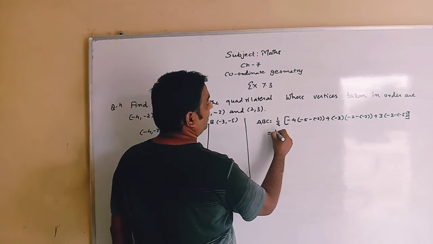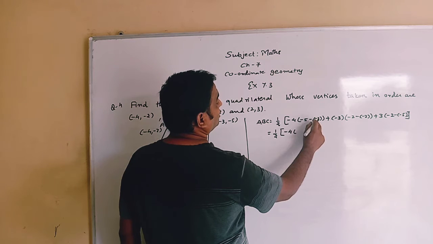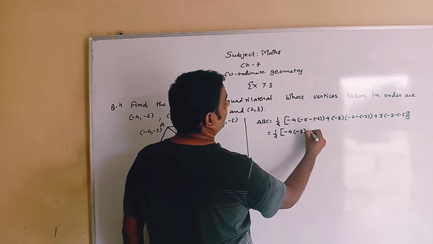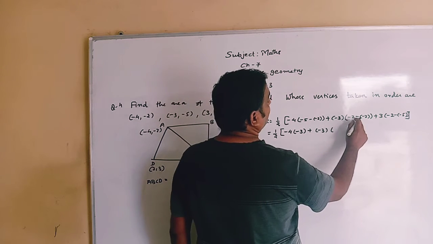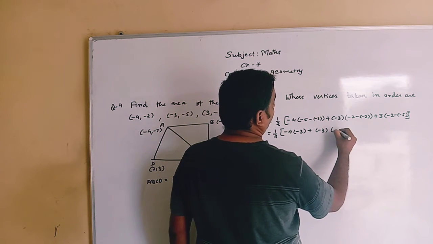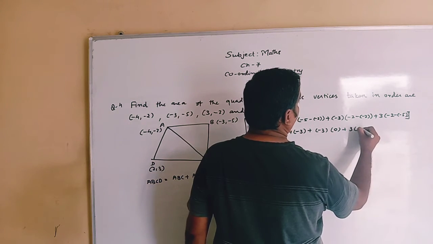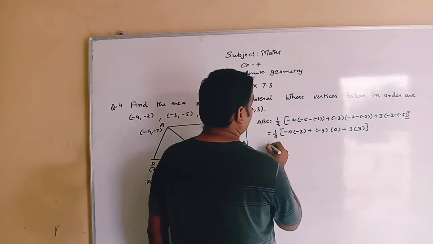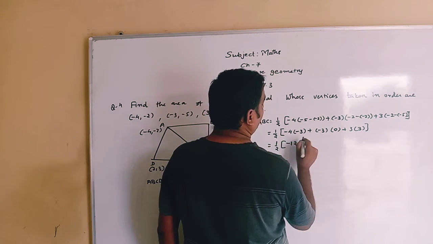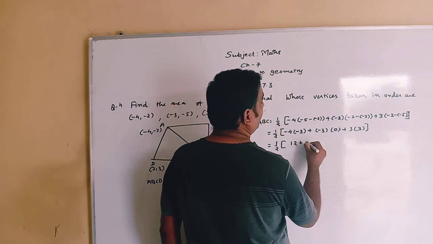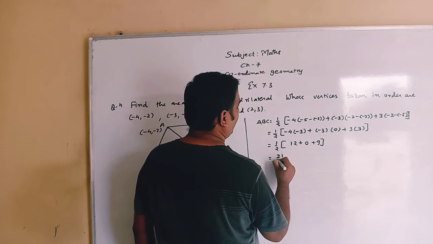So it will be 1 by 2 minus 4 into minus 5 plus 2, that is minus 3, plus minus 3 into minus 2 plus 2, that is 0, plus 3 into minus 2 plus 5, that is 3. And so 1 by 2 minus 12 plus, minus minus plus 12, plus 0 plus 9. So 12 plus 9, 21 by 2.